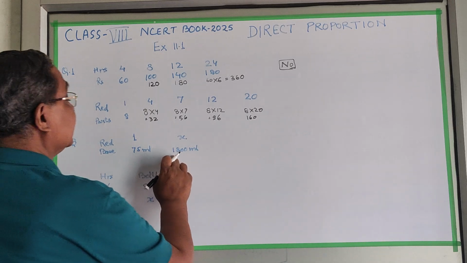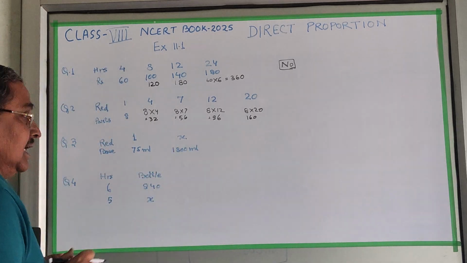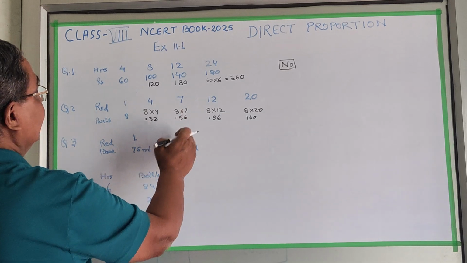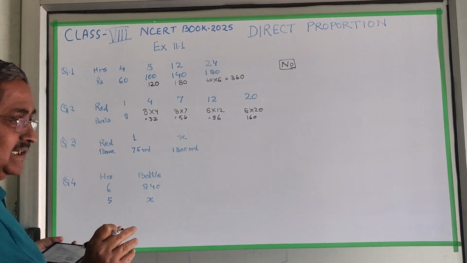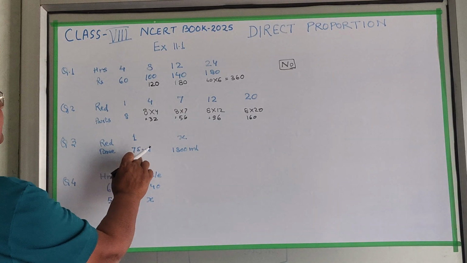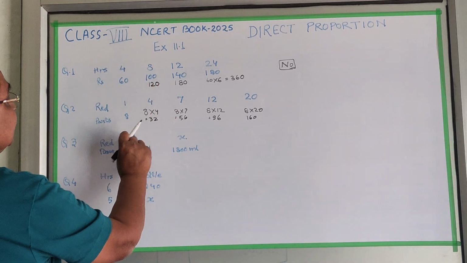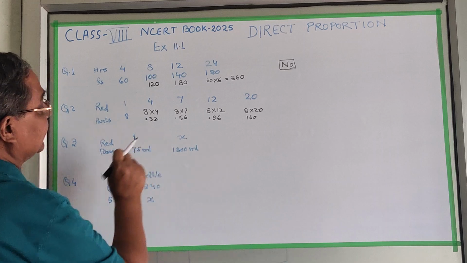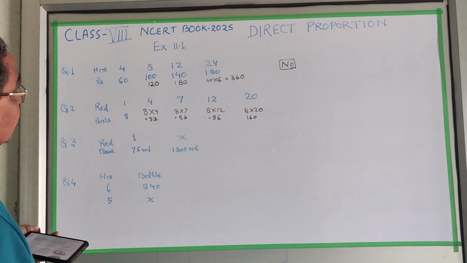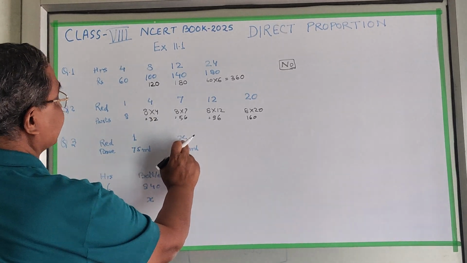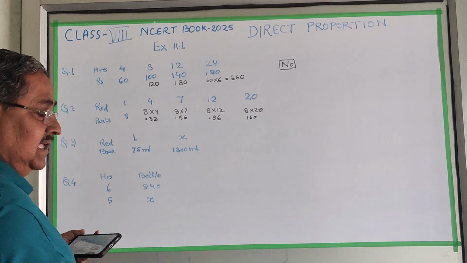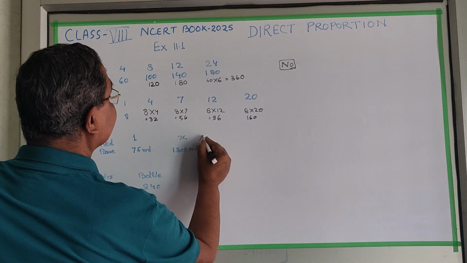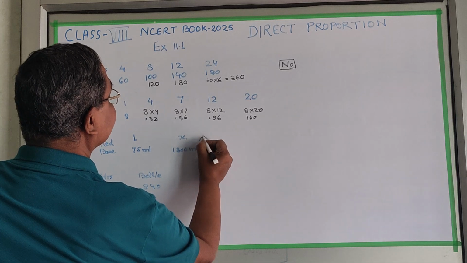Now if the base is 1800 ml, then what should the red pigment be? The question is made a bit more difficult. In all the earlier cases you were finding times. In such questions always assume whatever is the blank as x, and after assuming x, you put an arrow mark like this.